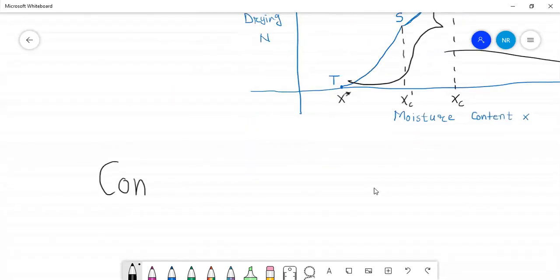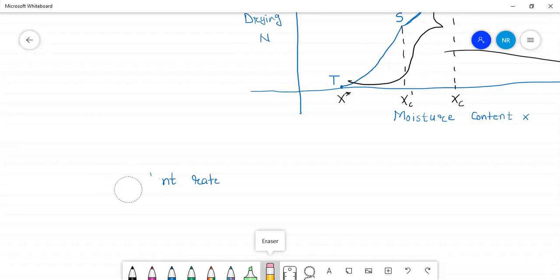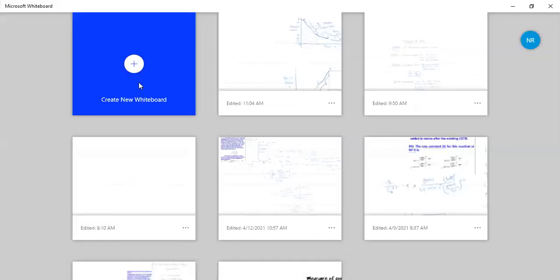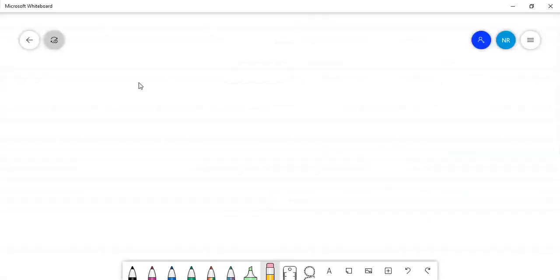For the constant rate period, let me do this on another whiteboard, since this is a different topic.